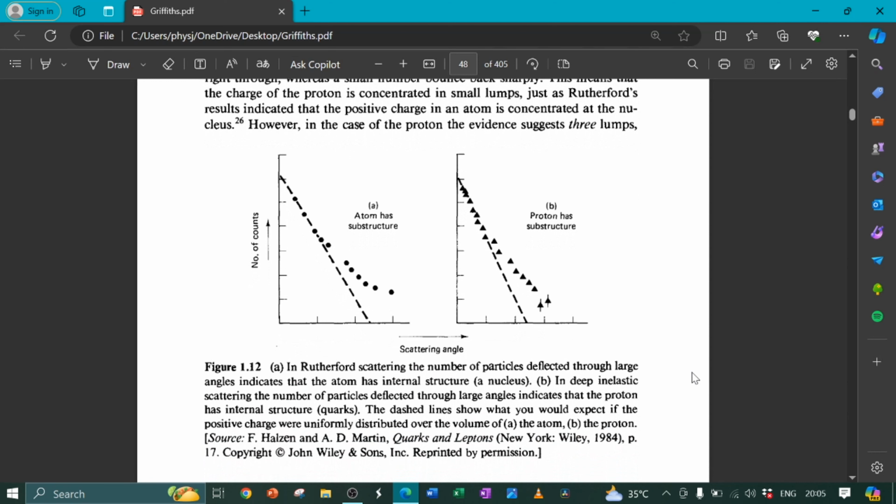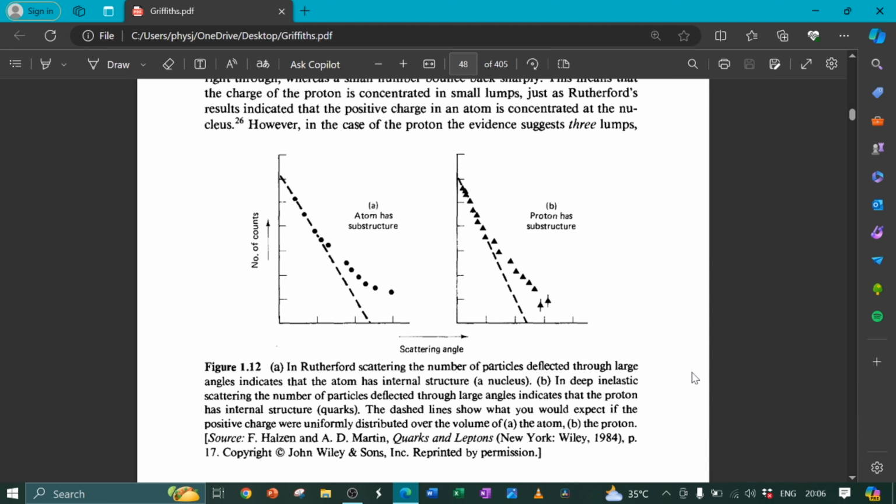Figure 1.12. A. In Rutherford scattering, the number of particles deflected through large angles indicates that the atom has internal structure, a nucleus. B. In deep inelastic scattering, the number of particles deflected through large angles indicates that the proton has internal structures, quarks.